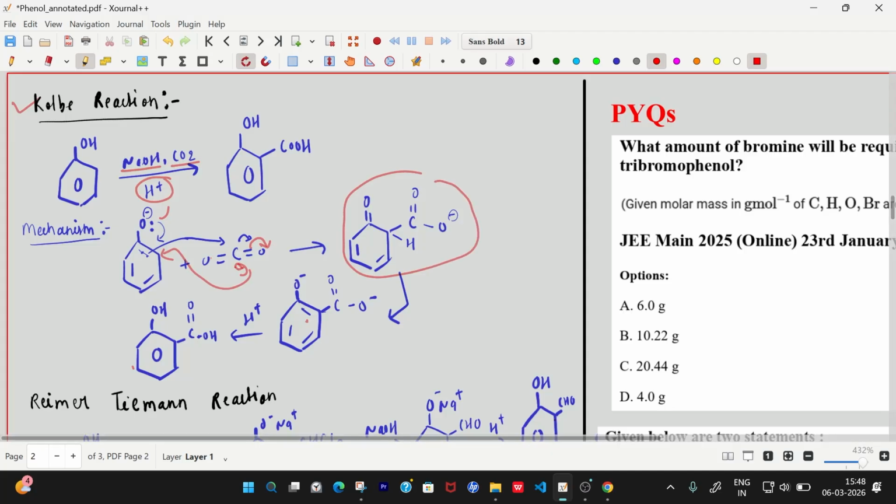Here this carbon is sp3 hybridized, and from conjugation it goes into non-conjugation, so this is not very stable, and that's why H plus separates out and we get this, and H plus then attaches here and here to form salicylic acid.